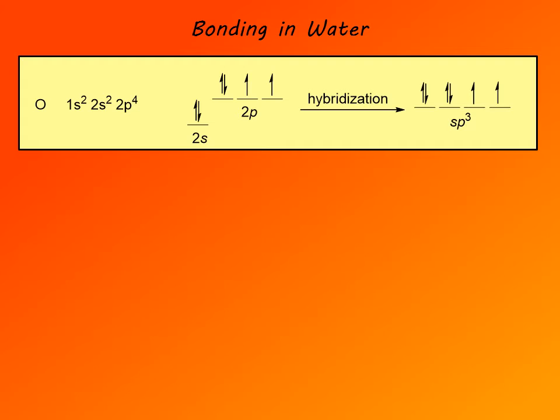We explain bonding in water, and in general in oxygen compounds with single bonds, as a result of sp3 hybridization. Again, the 2s and 2p orbitals hybridize to form 4 equal energy sp3 hybrid orbitals. Two of those 4 hybrid orbitals have free electron pairs, and those cannot participate in bonding.